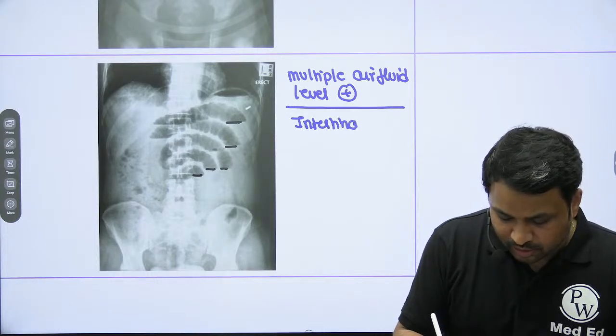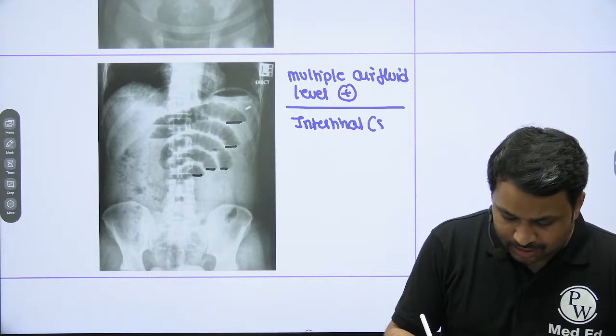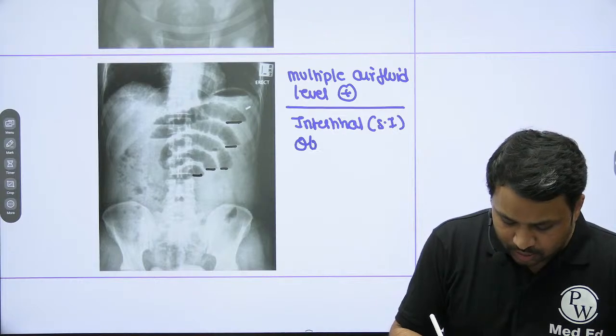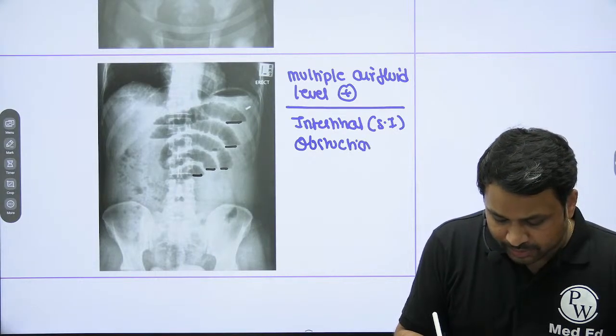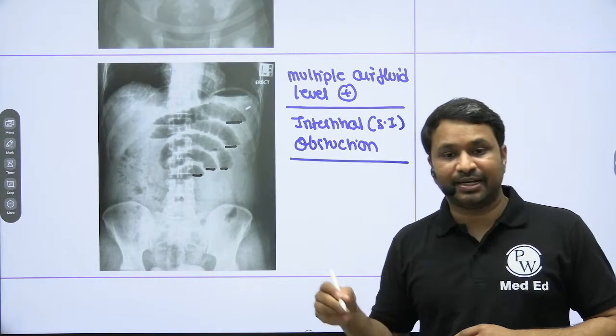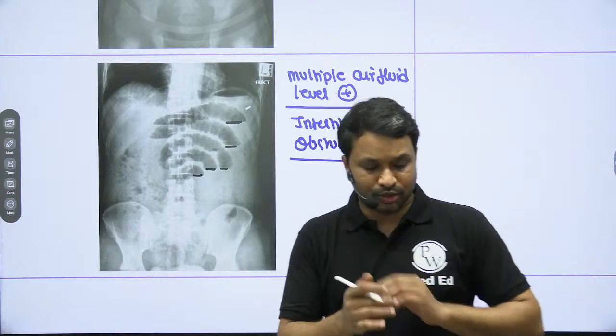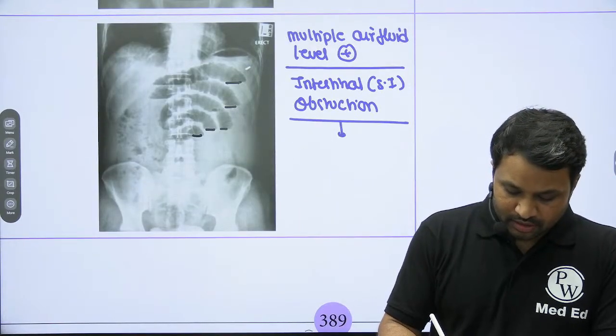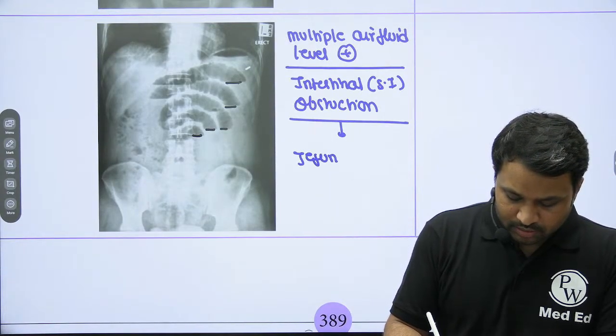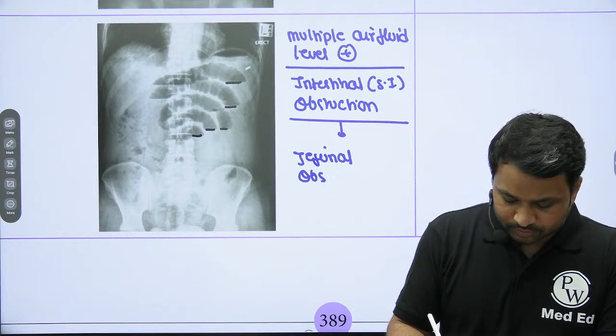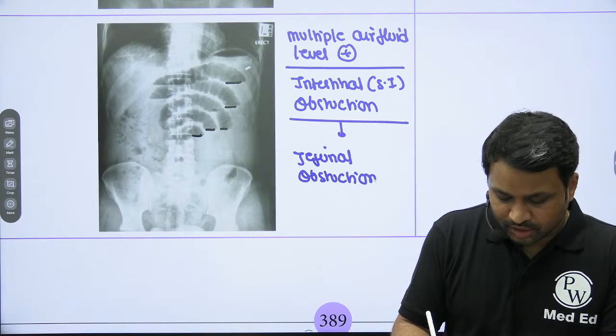And it is central, no? So I can say it is small intestinal. So I say it is a small intestinal obstruction. So there is a step ladder pattern, presence of valvulae conniventes that can be seen. So it's a classical case of jejunal obstruction.